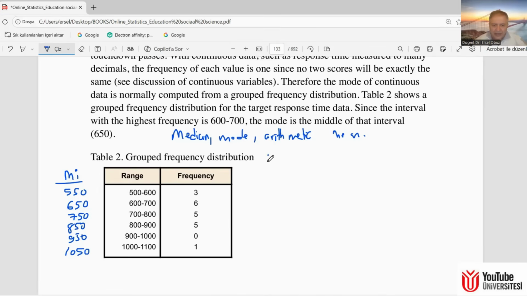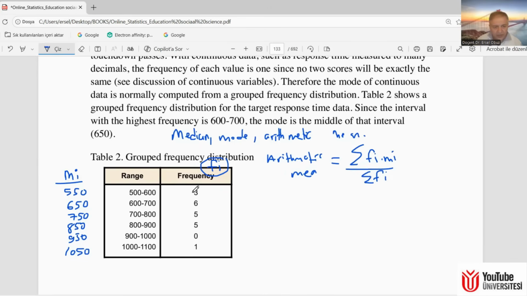Okay, let's get the arithmetic mean. Since you have frequencies, let's call them f_i: the sum of f_i times m_i divided by the total of f_i.